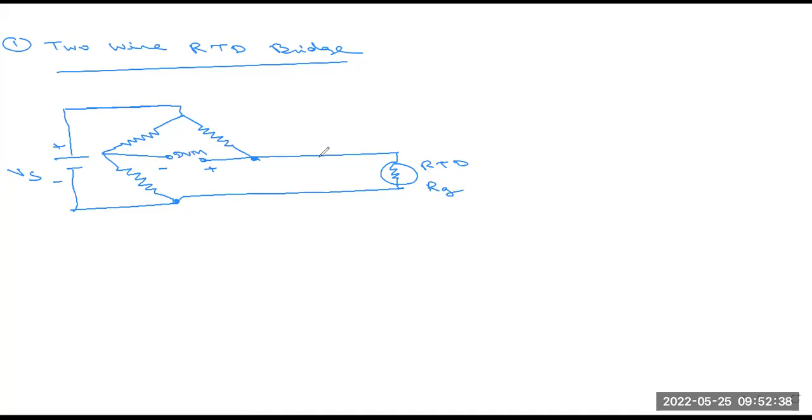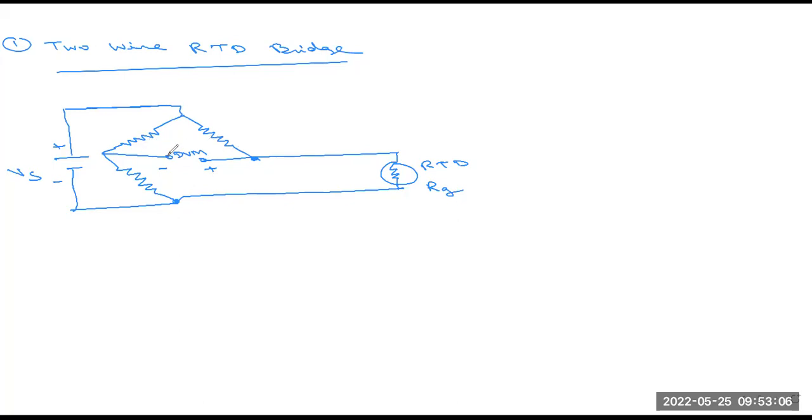Here you can see these are the two wires. These two wires we connect to the RTD material, so that's why it is called the two-wire RTD bridge. This RTD's value is measured using a bridge circuit, which is also a bridge circuit pattern, by supplying a constant electric current to the bridge circuit and measuring the voltage drop across the resistor.